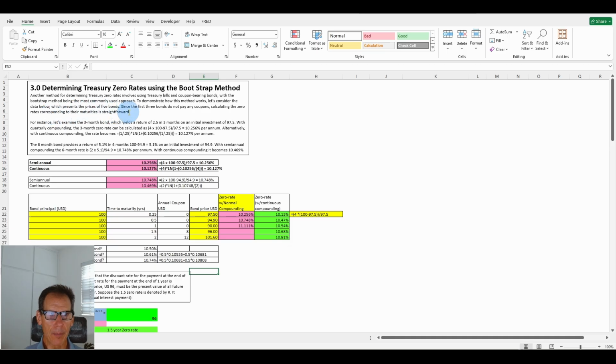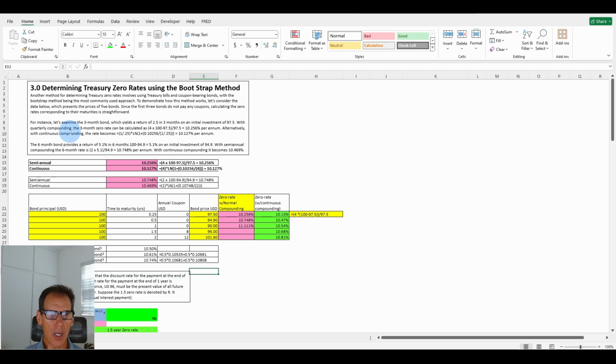It's straightforward. For instance, let's examine the 3-month bond, which yields a return of 2.5 in 3 months on an initial investment of 97.5. With quarterly compounding, the 3-month zero rate can be calculated as 4 times (100 minus 97.5) divided by 97.5, which equals 10.256% per annum.